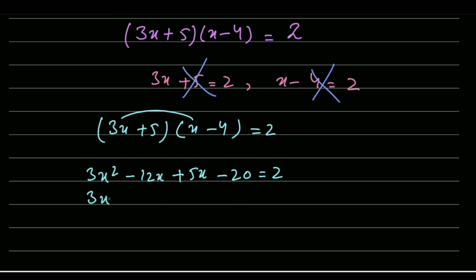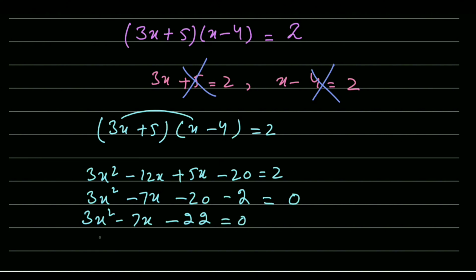So 3x square minus 12x plus 5x is minus 7x, minus 20 is equal to 2. So okay, you can bring 2 here in this step. 2 will come here, it will become negative 2, and it will remain 0 on the other side. So 3x square minus 7x minus 20 minus 2 is minus 22 is equal to 0.